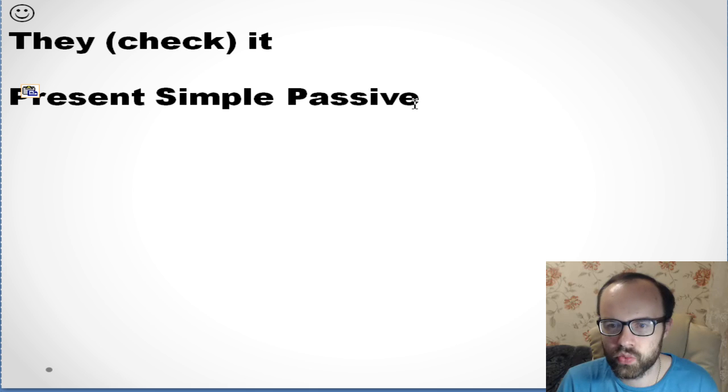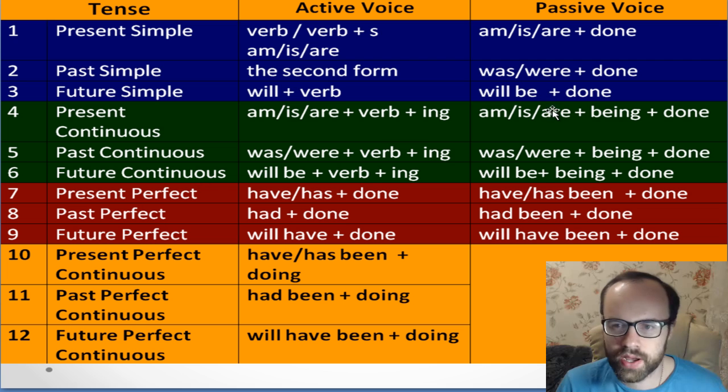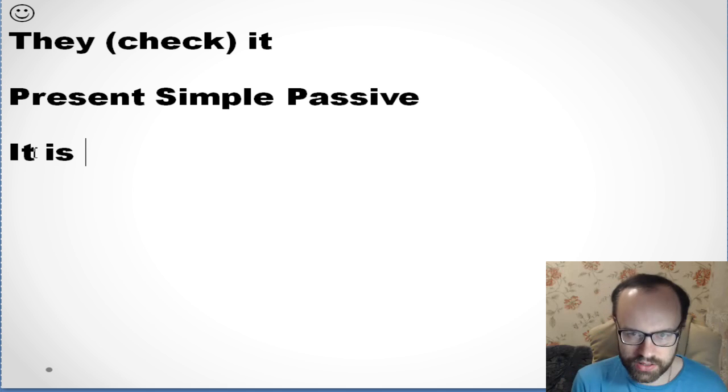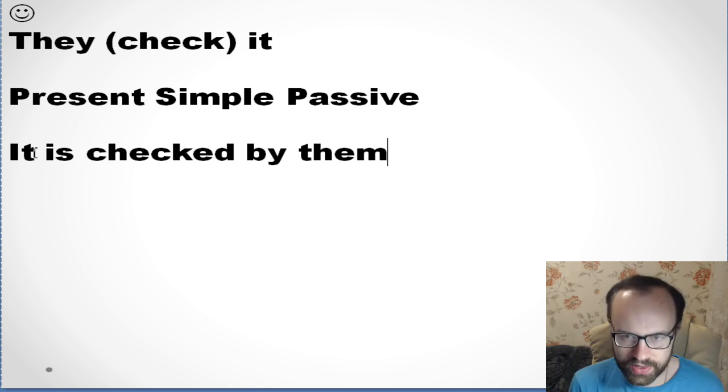So let's start with it. We have this structure: am, is, are plus done. So say it is plus the third form. Okay, no problem. It is checked by them.